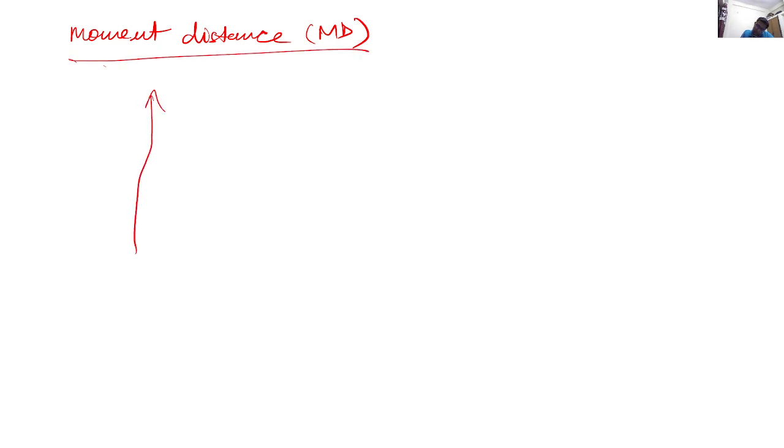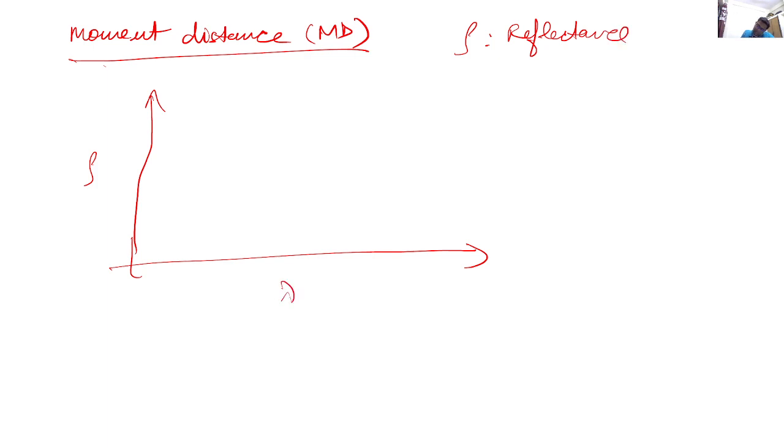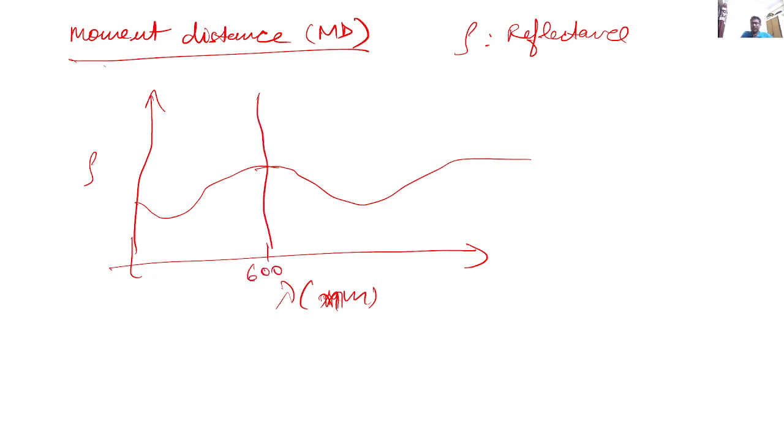So moment distance. Let us suppose the reflectance is on the x-axis. I am representing it as rho, reflectance, and the wavelength is on the y-axis. Let us suppose it is in nanometer, and let us take any arbitrary reflectance curve. One extreme may be, let us say, 600 nanometer, which is 0.6 micron.